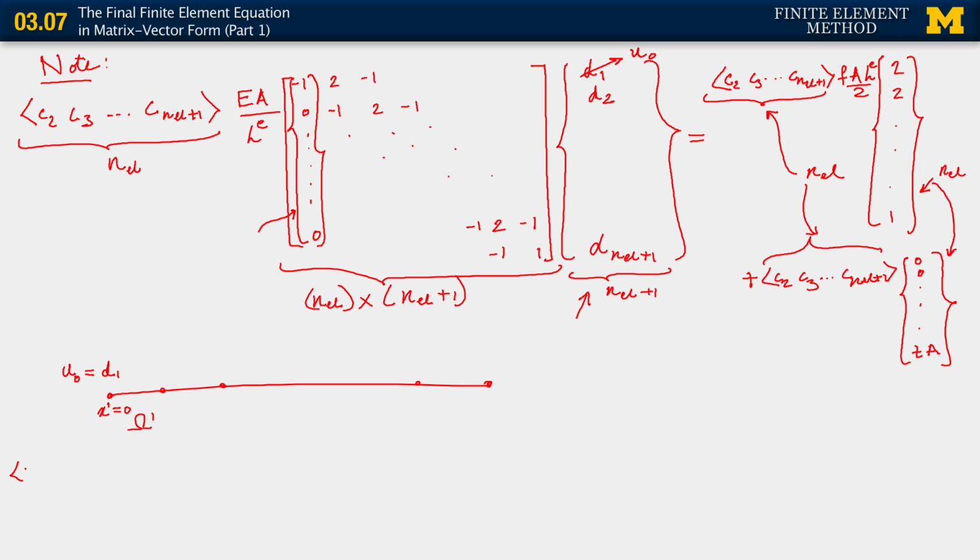We are going to now write this as C2, C3, up to C_{NEL+1}, times EA over HE, times the matrix, which is now somewhat simplified: 2, minus 1, minus 1, 2, minus 1, going all the way down to minus 1, 2, minus 1, minus 1, 1.